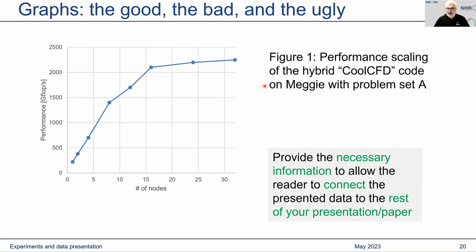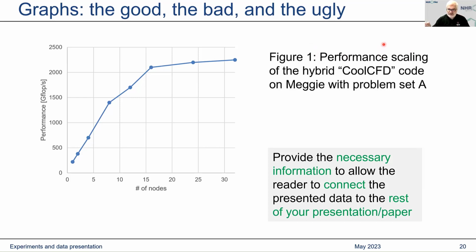Okay. Now, how do I distinguish? How do I see whether a caption is useful? Of course, there's a wide spectrum, and there's also some artistic freedom that you can choose from. So the guideline for me is the caption needs to provide the necessary information to allow the reader to connect the presented data to the rest of your presentation or paper. Okay. So if I just write data on Maggie, this is not well interpretable.